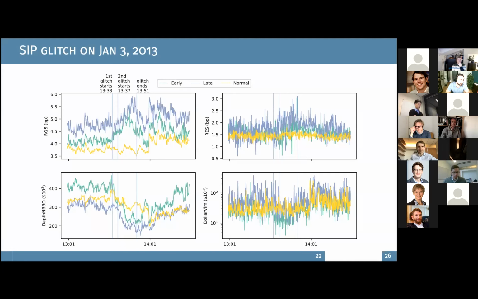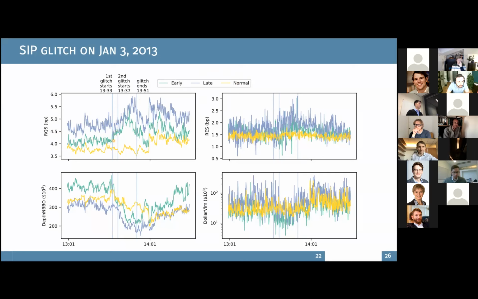Here's a graph of the liquidity measures around the glitch. As you can see, for example, the relative quote spread for the stocks in the early channel ticks up when the first glitch started, but you don't see much variation either in the stocks in the late channels.